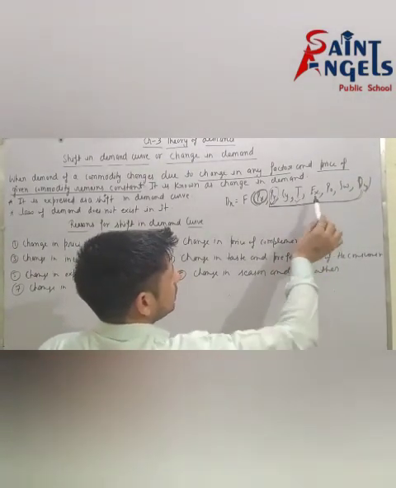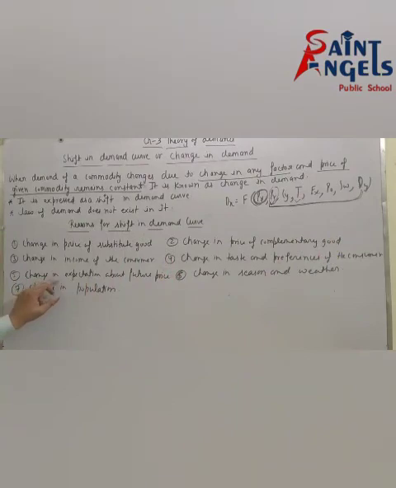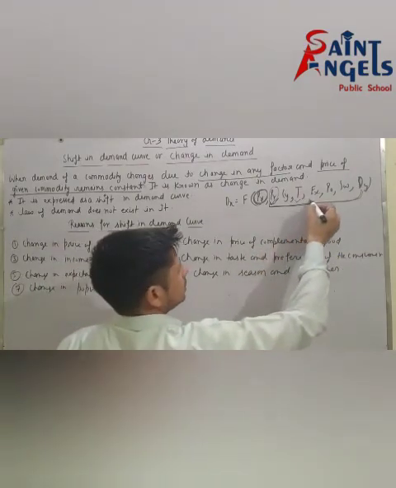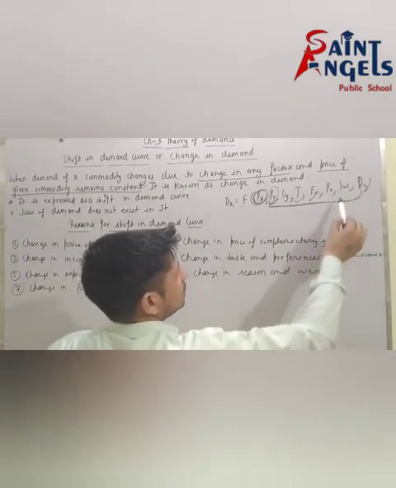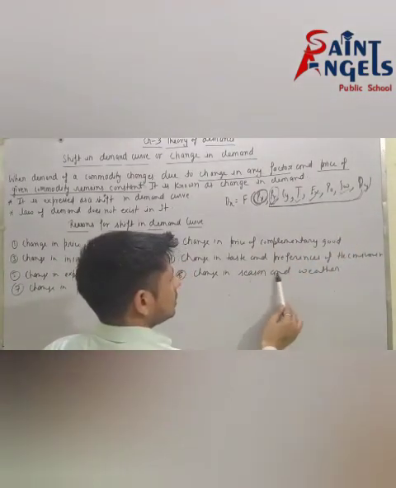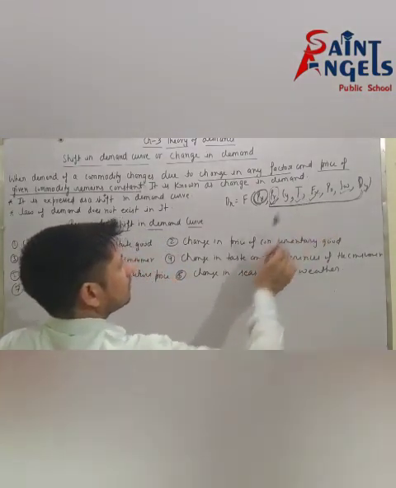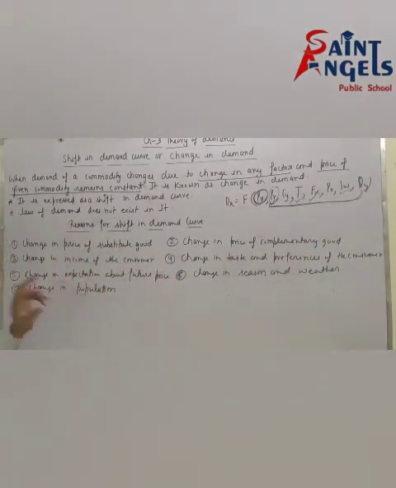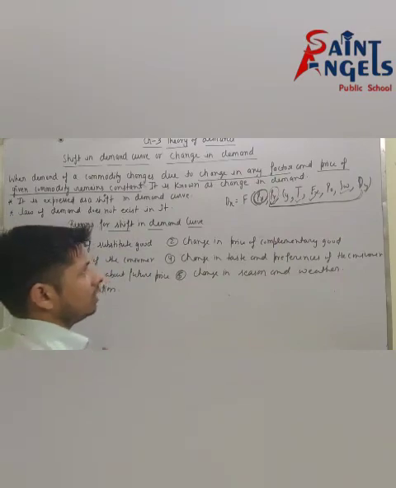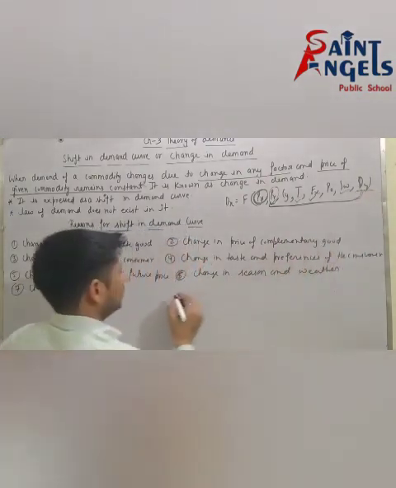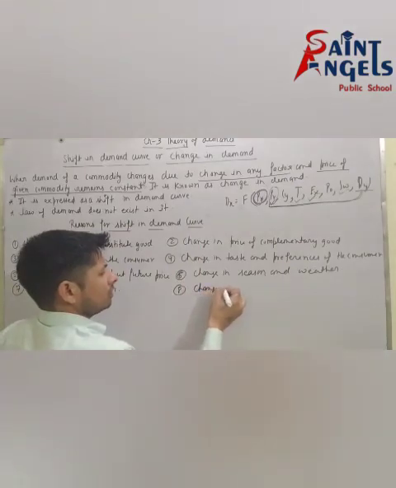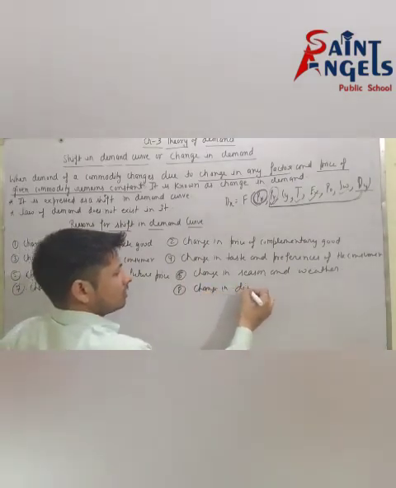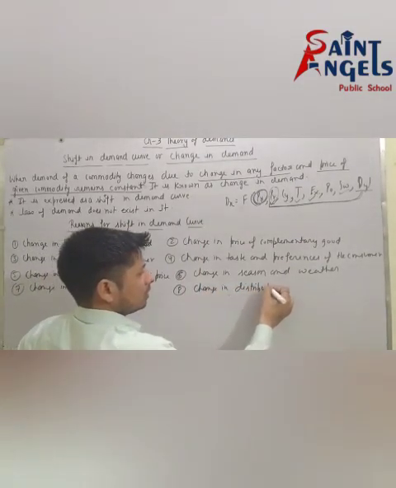I hope this is clear. Ex: change in expectation about future price. Next, SW: change in season and weather. After this, Pu: change in population. And then Dy: change in distribution of income.